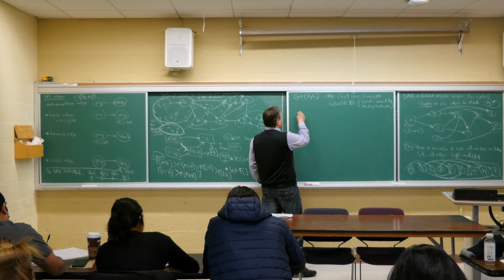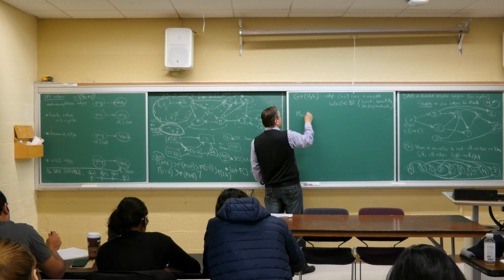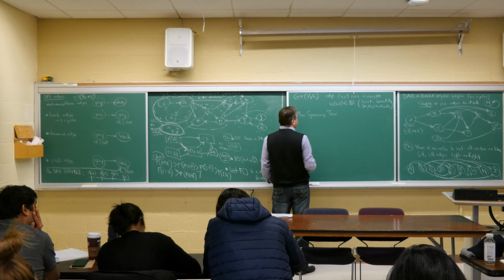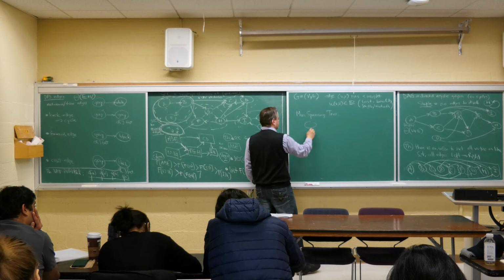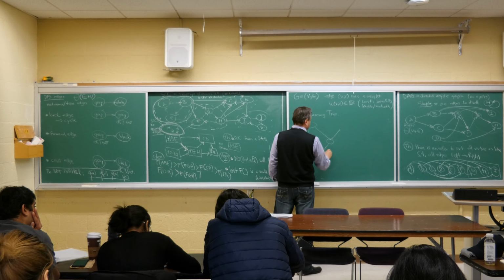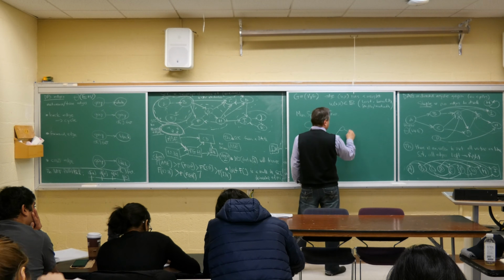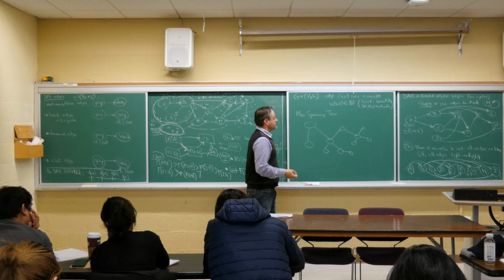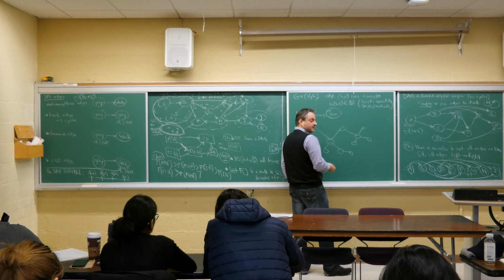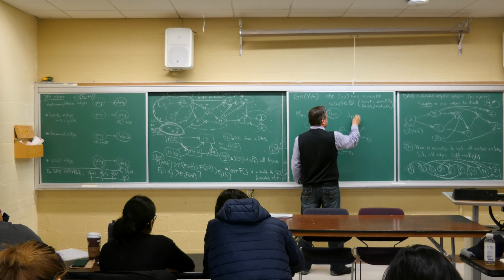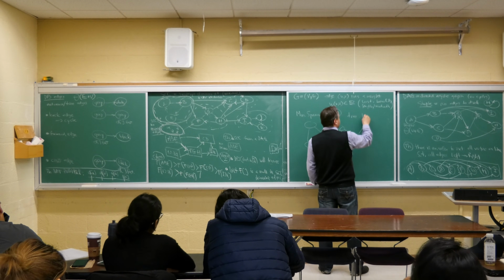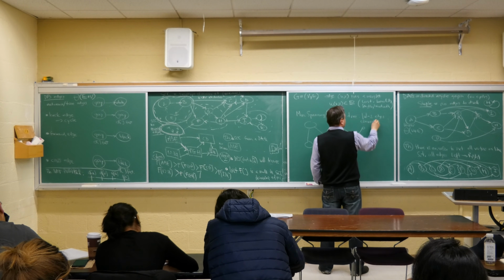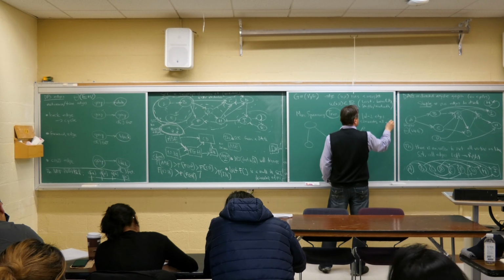And I'm going to define the concept of minimum spanning tree. As the name says, it's got to be a tree. A tree means it has to have exactly V minus 1 edges, and connects all nodes, right?